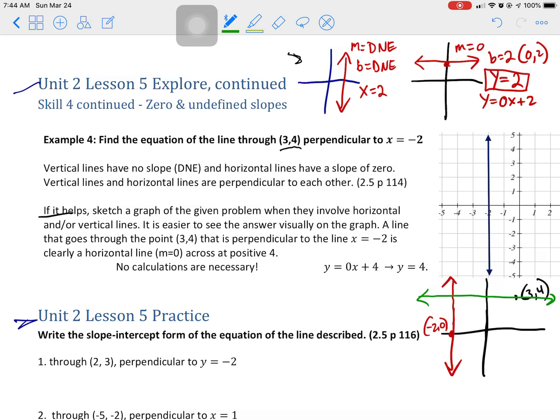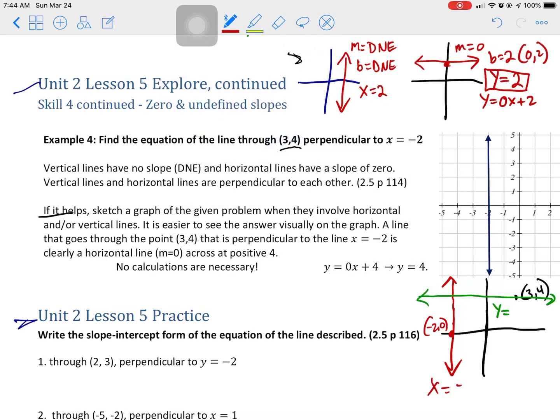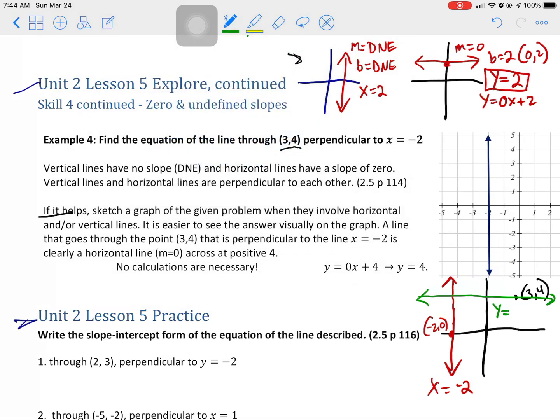So look, that's a y equals. This has to be a y equals slope, right? This was x equals negative 2. All right, so if this goes through at this ordered pair, that's my x and that's my y. So y must equal 4.